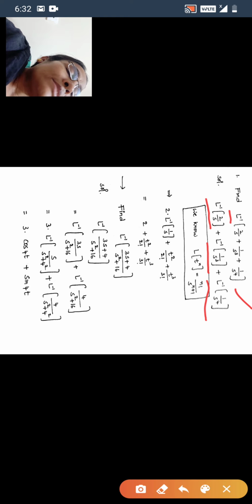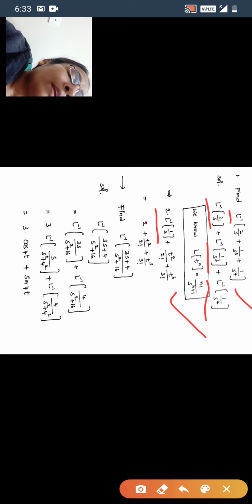In each and every expression, we observe the highest power of s: here in the second term s cube, here s power 4. We will get the highest power of s in the formula L of t power n equal to n factorial by s power n plus 1. So, by the linear property, we write 2 outside, 2 into L inverse of 1 by s, plus L inverse 1 by s cube.